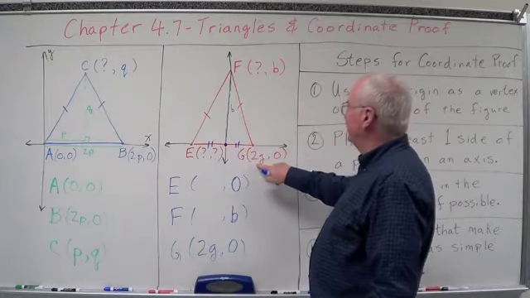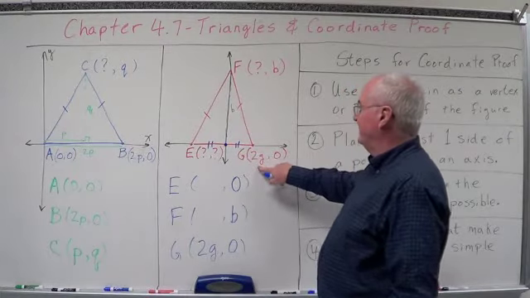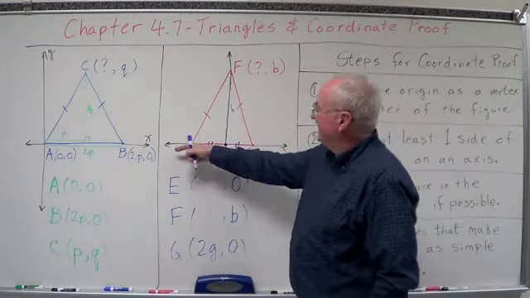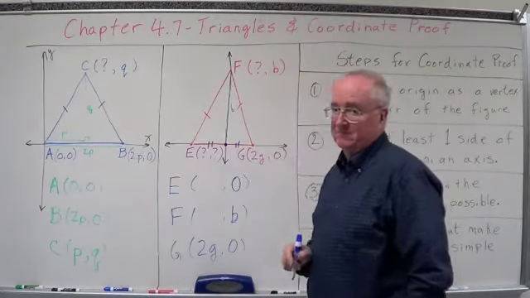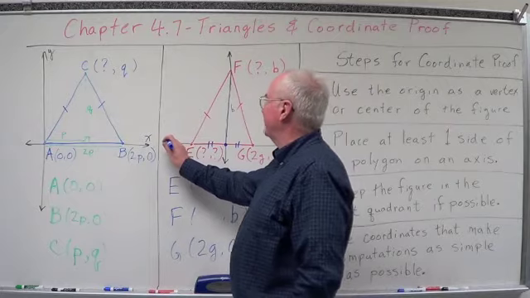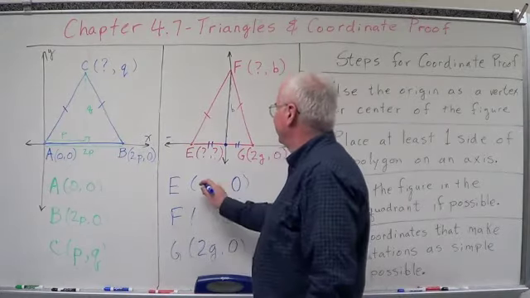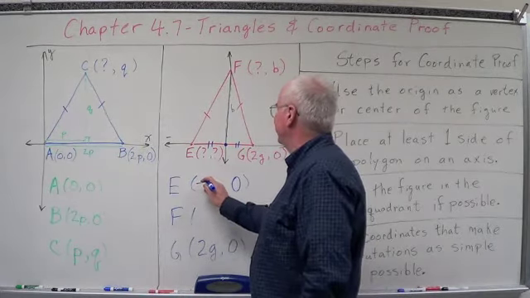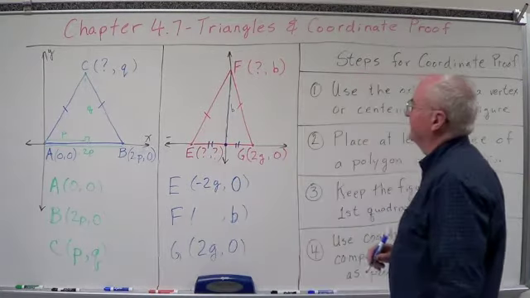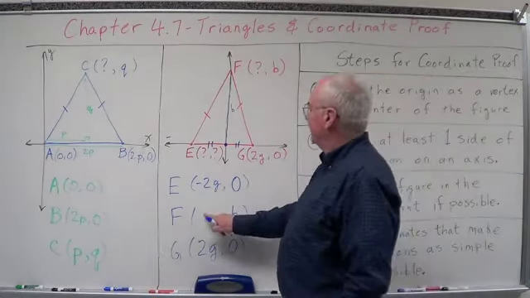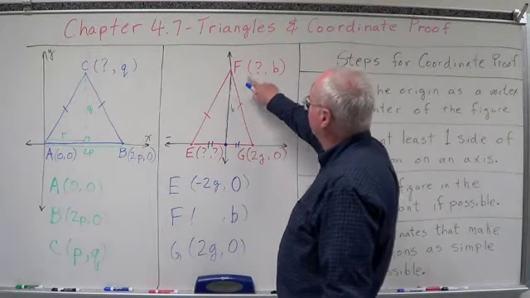If G is 2g away from the y-axis, E is going to be 2g away, but it's on the what side? What's the sign of x over here? It's negative. So this is going to be negative 2g.